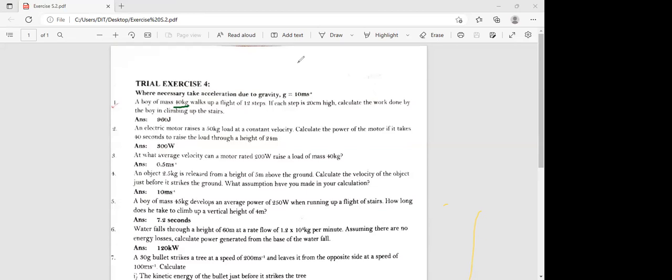Okay. I will first stop sharing that and then share a whiteboard. Now they gave us a question in which we have the mass M as equal to 40 kilograms.